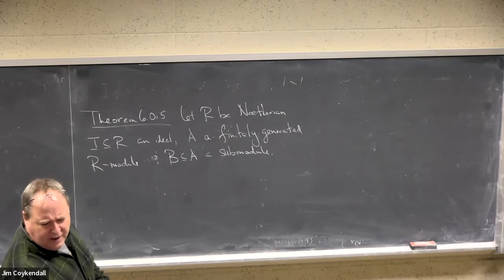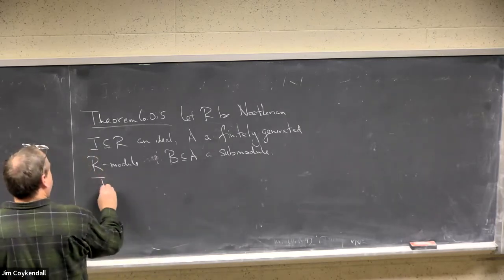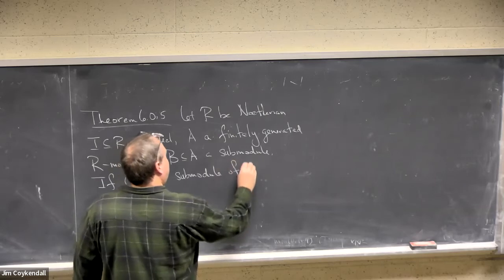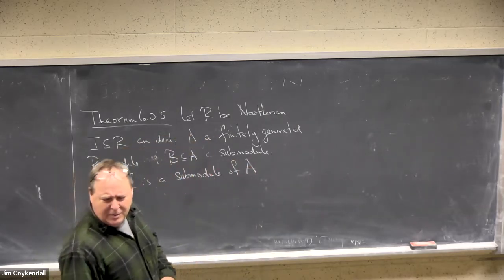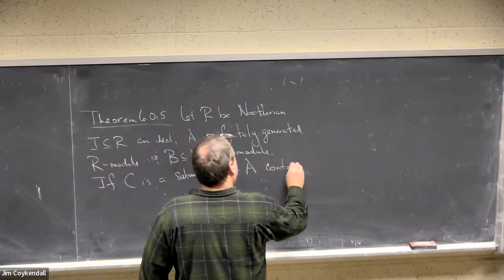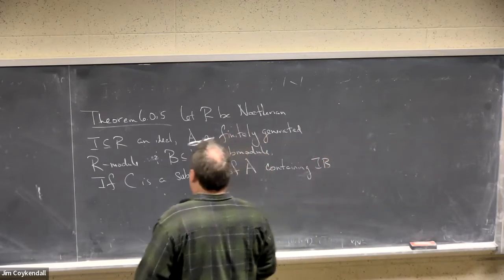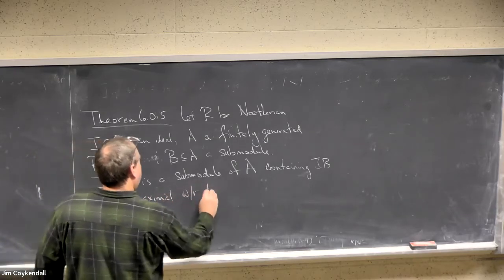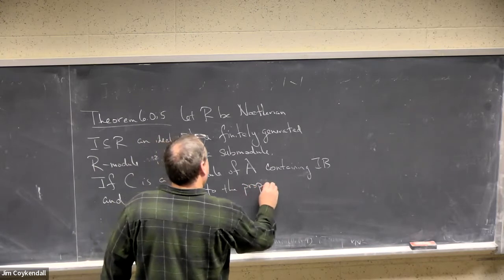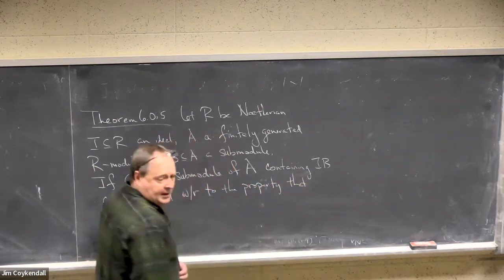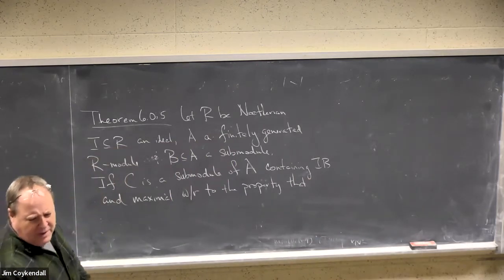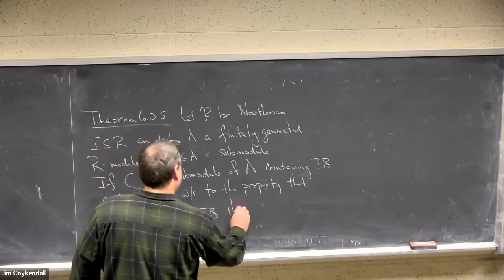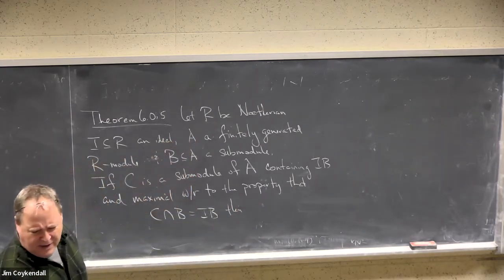If C is a submodule of A containing IB and maximal with respect to the property that C intersect B is IB, then I^n A is in C for some n.